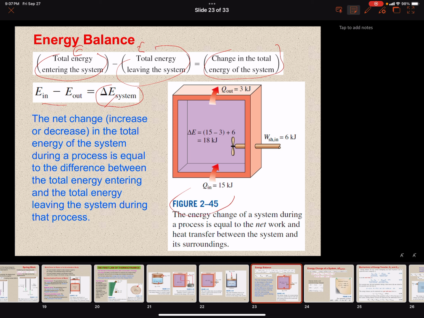The energy change of a system during a process is equal to the net work and heat transfer between the system and its surroundings.